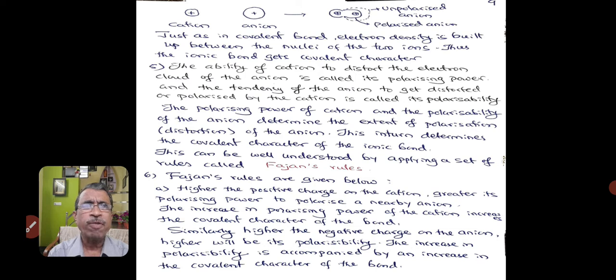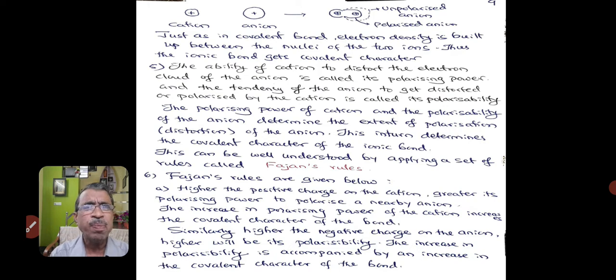The ability of a cation to distort the electron cloud of the anion is called its polarizing power. And the tendency of the anion to get distorted or polarized by the cation is called its polarizability.